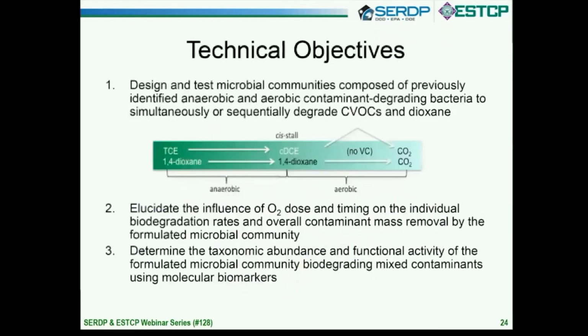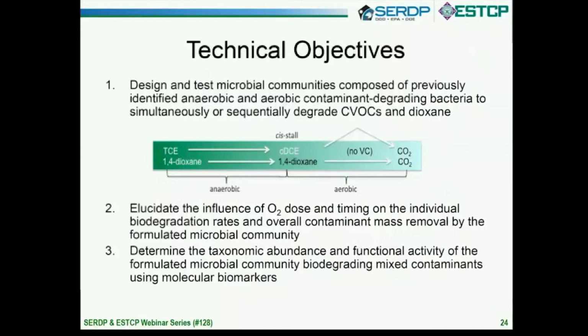Technical objectives were to design and test microbial communities that would achieve simultaneous or sequential degradation of CVOCs and dioxane. Under certain anaerobic conditions, part of the process would take place, then things become aerobic, and everything gets mineralized to CO2. That's the plan.